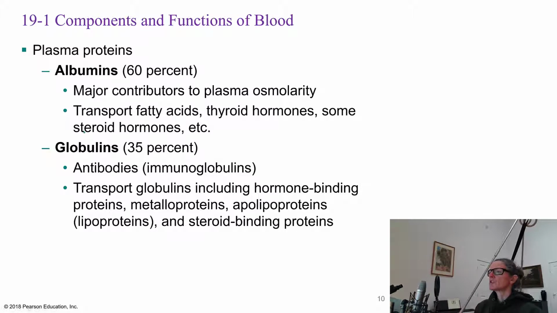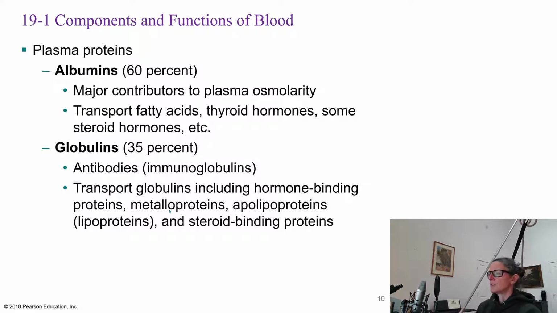We will see especially the metalloproteins are very important, because these will grab free metals that are floating around that you don't want floating around in blood. So, well, iron and zinc and copper are good examples. So you don't want those things floating around and reacting with things.